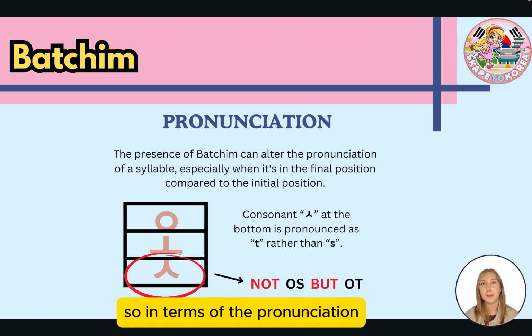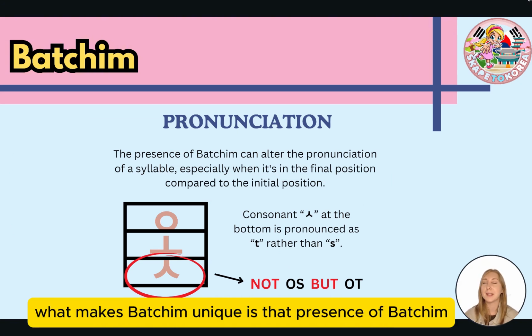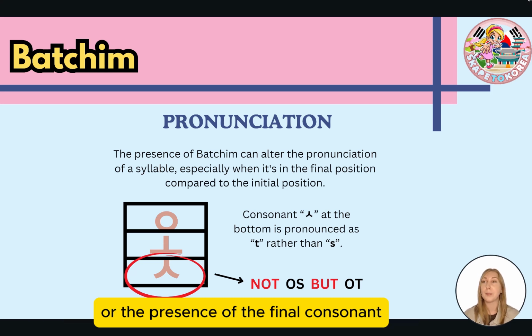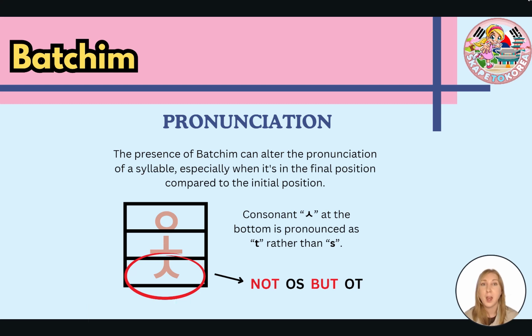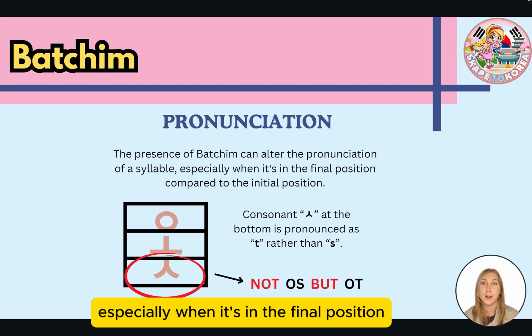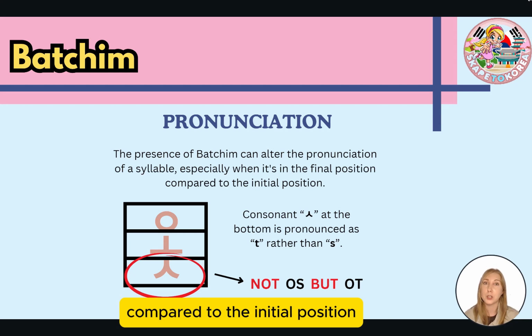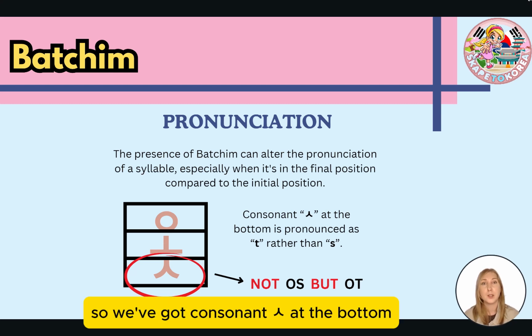In terms of the pronunciation, what makes Batchim unique is that the presence of the final consonant can alter the pronunciation of a syllable, especially when it's in the final position compared to the initial position. So we've got consonant siot at the bottom.